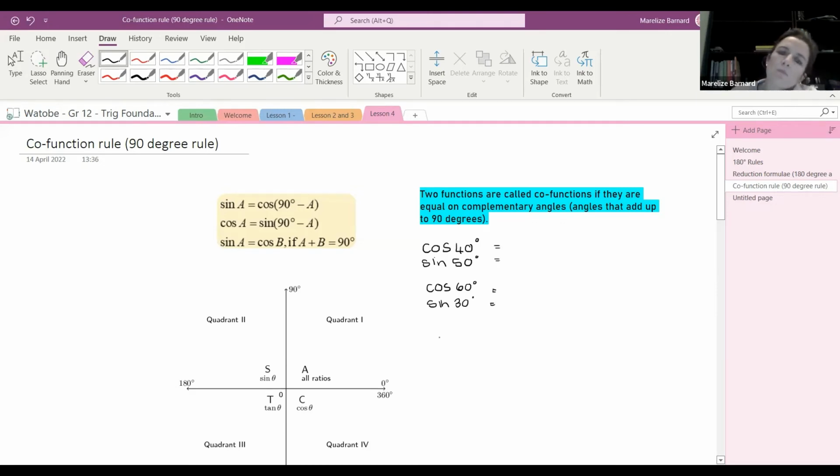And let's do one more, cos 45, sine 45. Okay, so just put those into your calculator and see what you get.